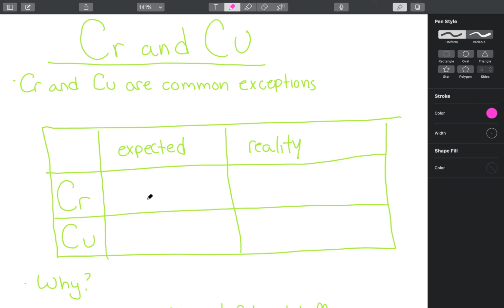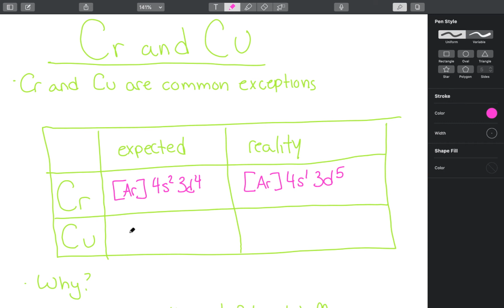So hopefully you pause the video and use the rules that we talked about above to write the expected electron configuration. So the expected electron configuration of chromium would have an argon noble gas core along with 4s2 and then 3d4. However, this is not the case in reality. In reality, the real life electron configuration is 4s1, 3d5.